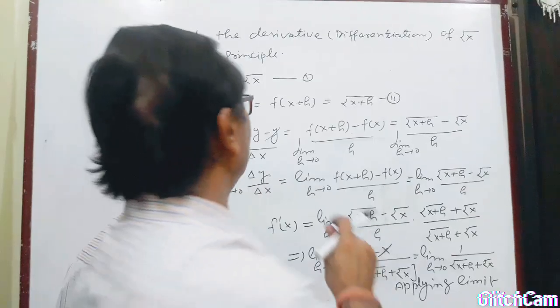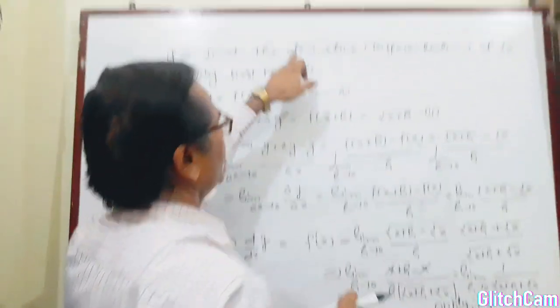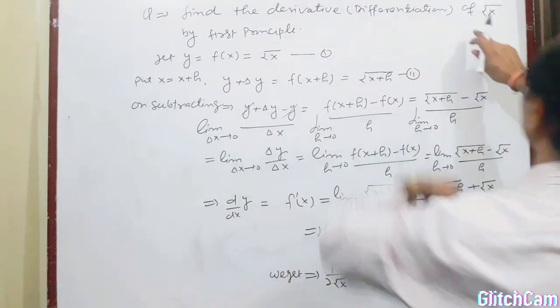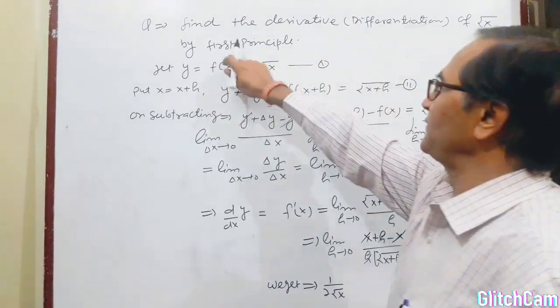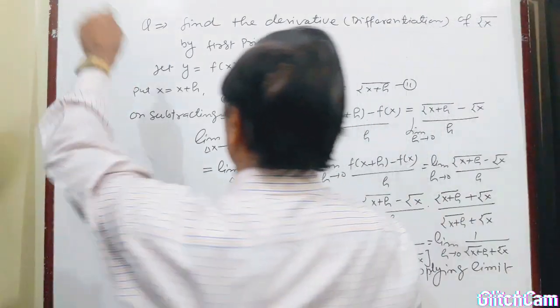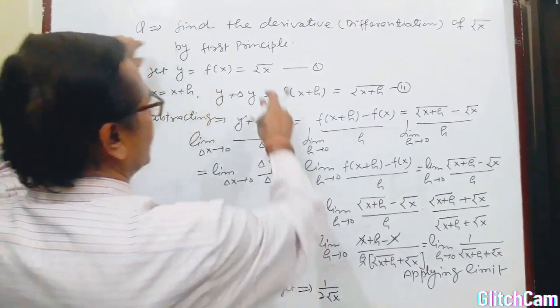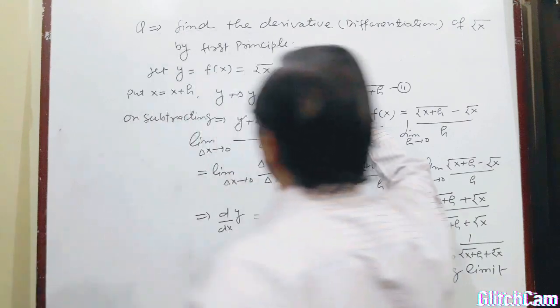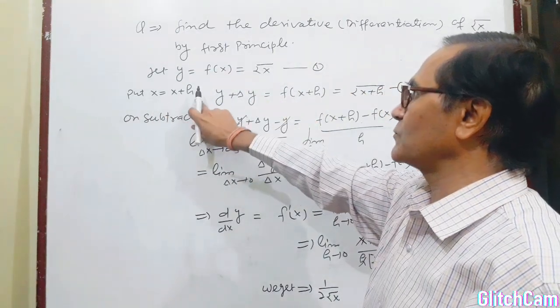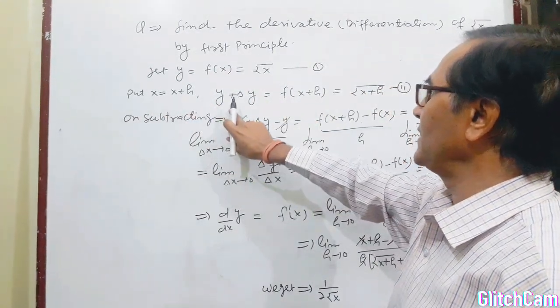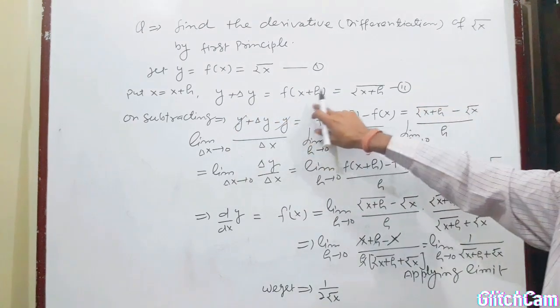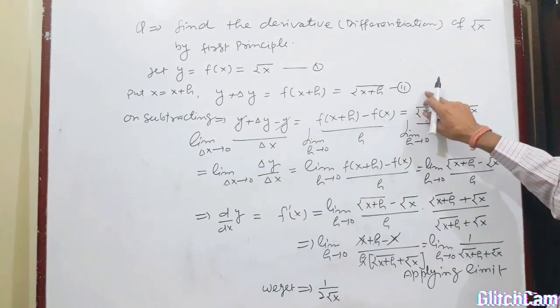Dear students, find the derivative, the differentiation, of root x by first principle. Let y equals f(x) equals root x. It is the first equation. We put x equals x plus h, and y plus delta y equals f(x plus h) equals root of x plus h.